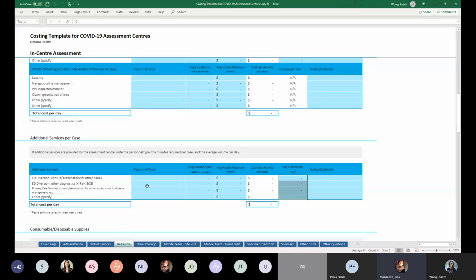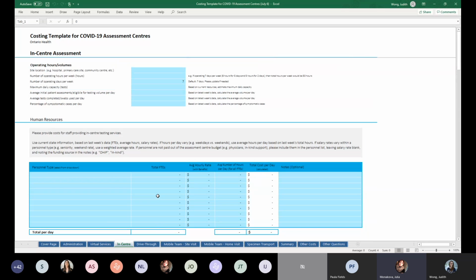For instance, if you have, let's say, 5 FTEs of the same type and they're shared between the two models that we split on our separate tabs, do your best to split them, but we would not recommend spending a lot of time to make it precise, in the sense that this is not meant to be an exercise that would make you do the time and motion studies or separate analysis to provide us with this information. Do your best to provide it based on your judgment, and don't go into trying to be precise. So we will take that, and we appreciate all of your help as is.